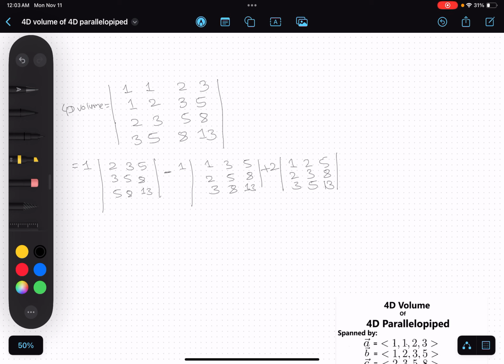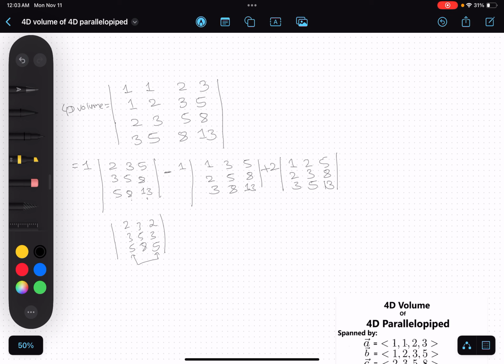To check for linear dependence, you can subtract one row from another, and if I subtract this row from here, what I will get is 2, 3, 5, 3, 5, 8, and again 3, 5 minus 3 is 2, 8 minus 5 is 3, 13 minus 8 is 5. And since they are the same, they would be linearly dependent.